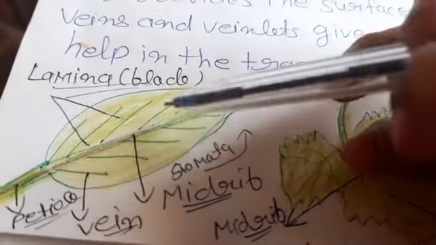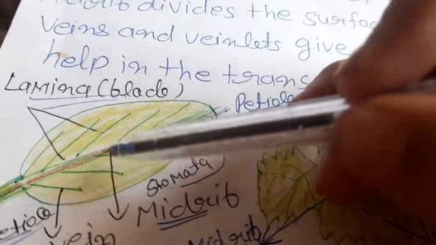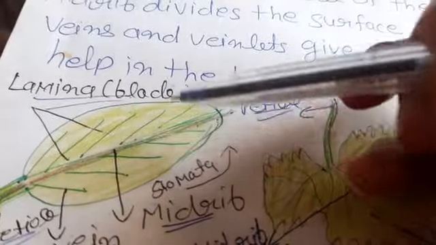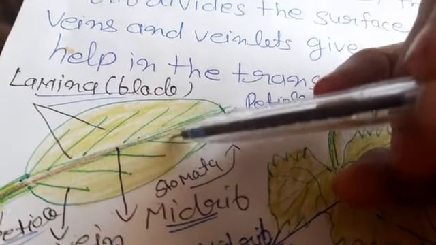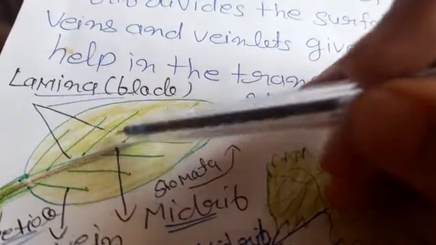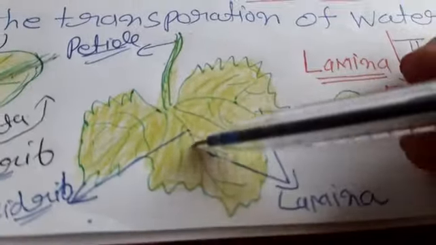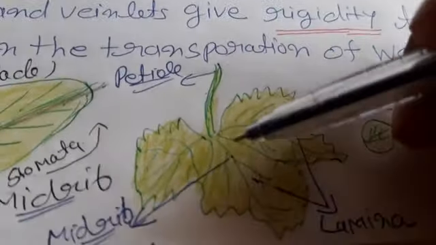The lamina or blade is the broad, green and flattened part of the leaf, having small veins and veinlets present on its surface.